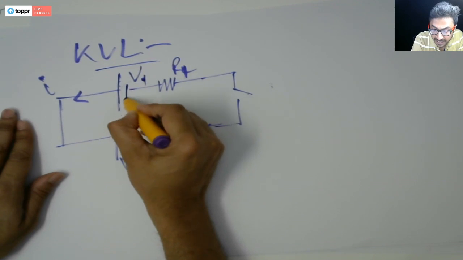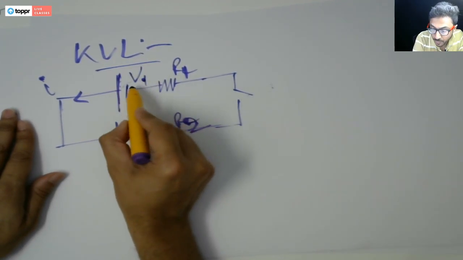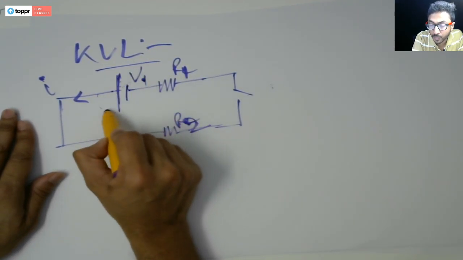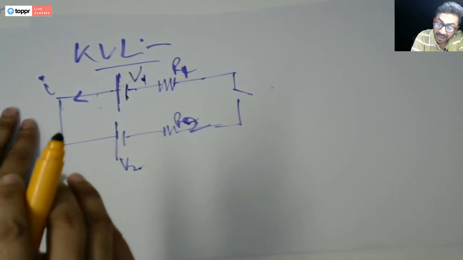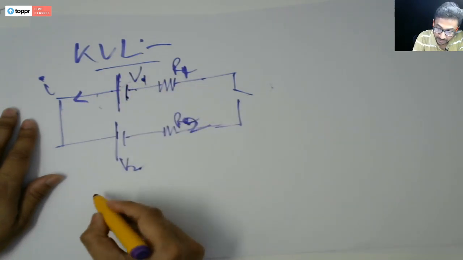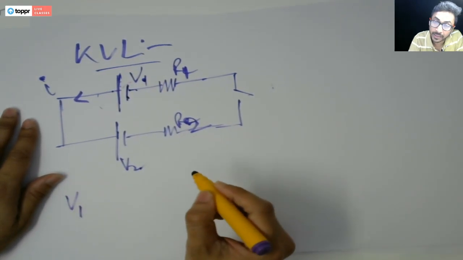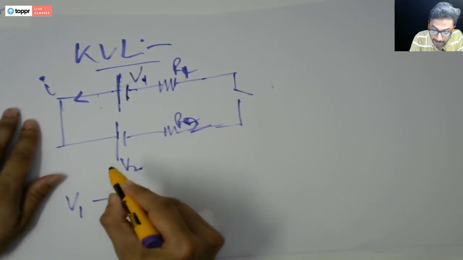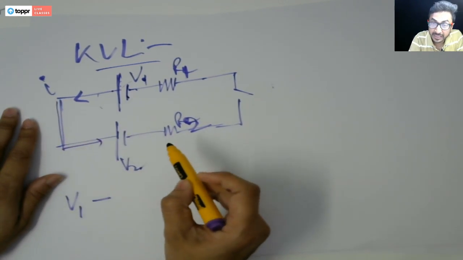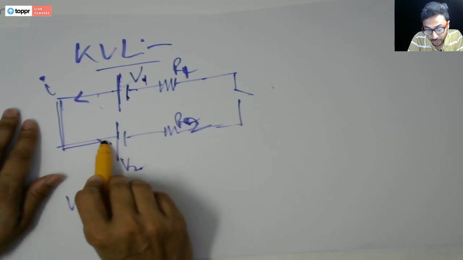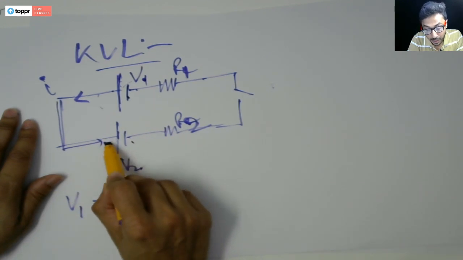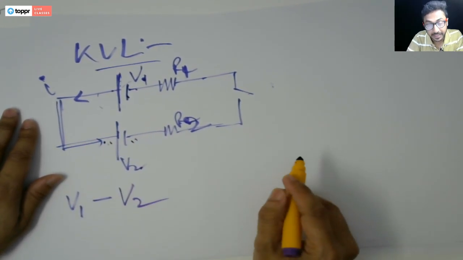Now, when we are coming from negative to positive within a cell, this is taken as positive. That is, we are adding the battery right here, so it is V1. Now, as we are going from the positive terminal to the negative terminal, we are subtracting it.